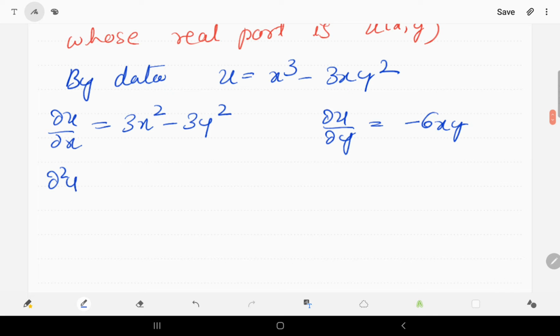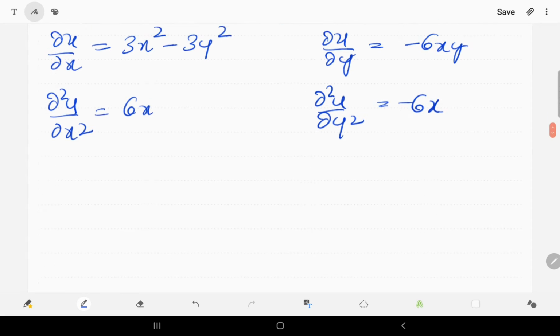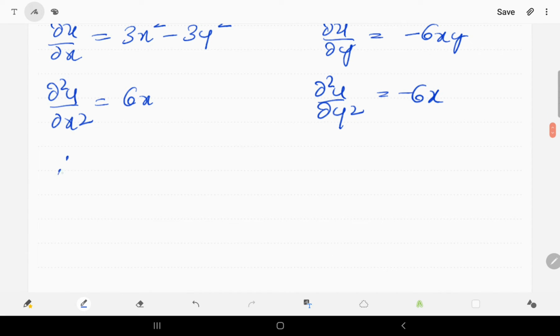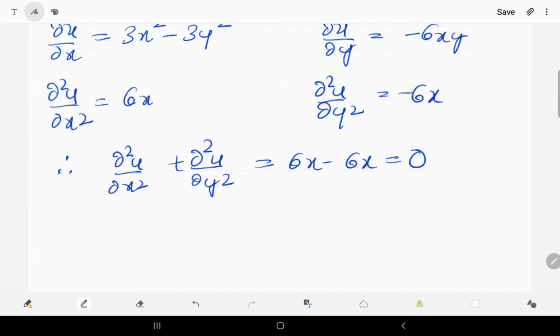Similarly, dou square u by dou x square, that is second derivative of u with respect to x, is 6x, not x square, 6x, and dou square u by dou y square is equal to minus 6x. Therefore, we observe that dou square u by dou x square plus dou square u by dou y square is equal to 6x minus 6x equals to 0.